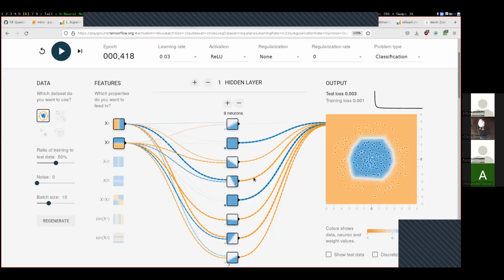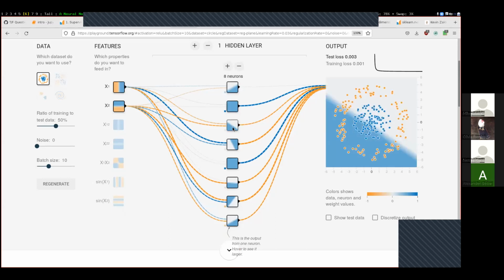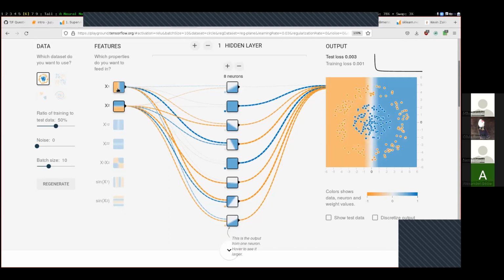The last interpretation is that each of these pictures right here represents the value of that particular feature. If you hover over here, the orange things are negative, the blue things are positive, and so that's what the X feature looks like. The farther to the left you go, the more negative; the farther to the right, the more positive.